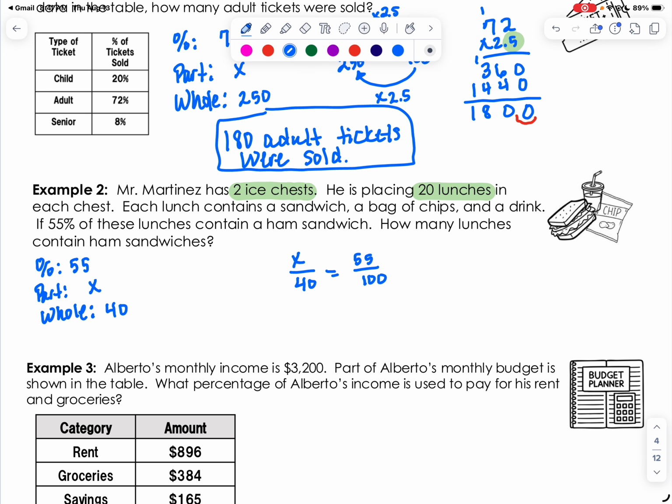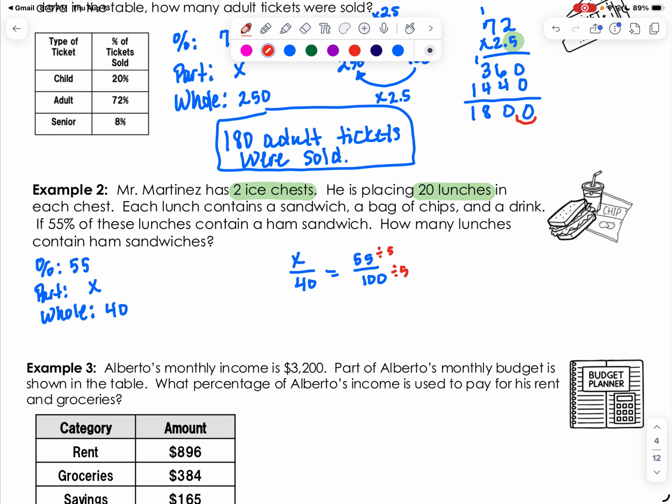So when I'm looking at this, it's not as easy for me to determine what my scale factor is. So sometimes when that happens, ask yourself, can I reduce one of these fractions to a friendlier number? So right away I'm thinking, 55 over 100, those will both divide by 5.